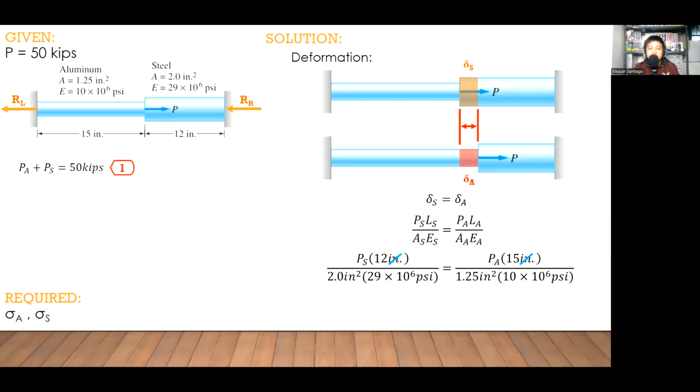So we can already cancel out the unit of the length as well as the unit of the area. And lastly, for the E, we can cancel out both the times 10 raised to 6 and psi.